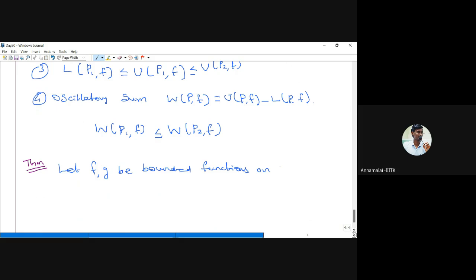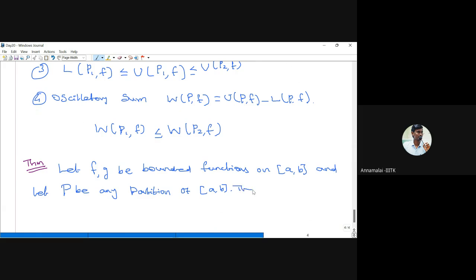Defined on closed interval [a, b]. Okay, and we have a partition P, let capital P be any partition of closed interval [a, b].